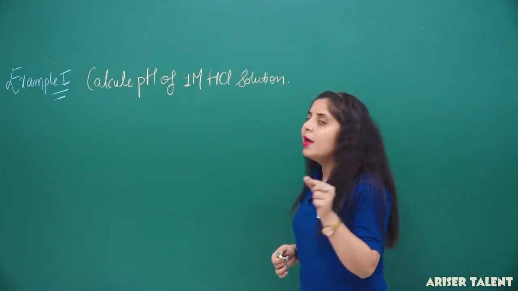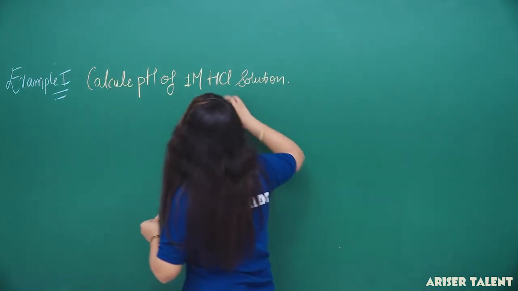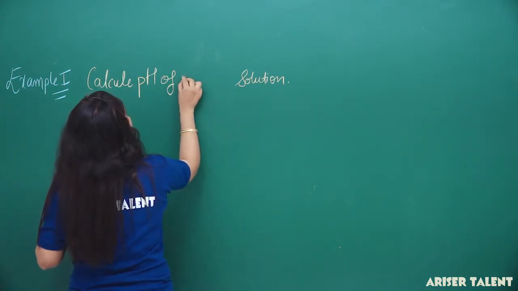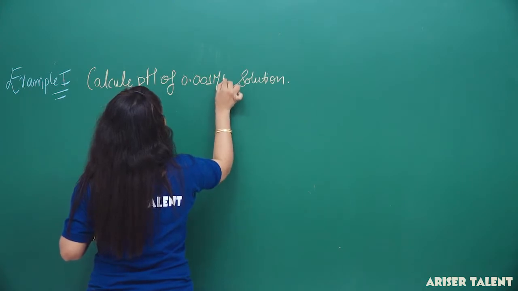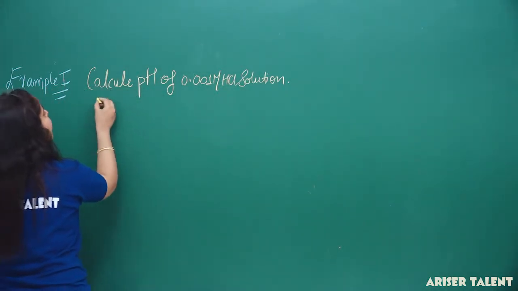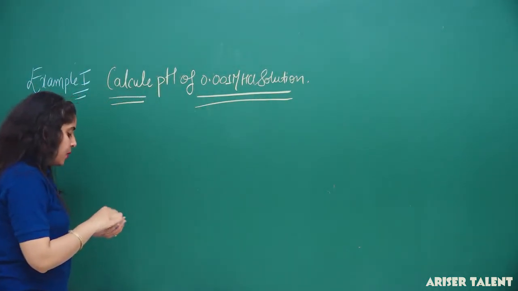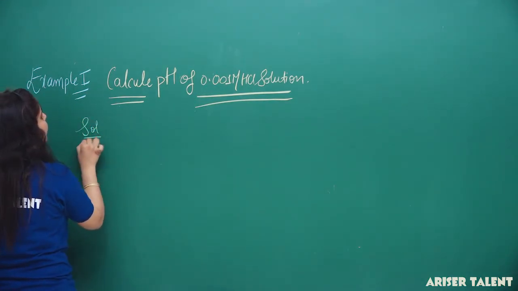1 M means the molarity will be 1 M, or we can consider the molarity as 0.001. So I am taking here 0.001 M HCl solution. We want to calculate the pH of this solution. What we will do here is apply the formula for calculating the pH.